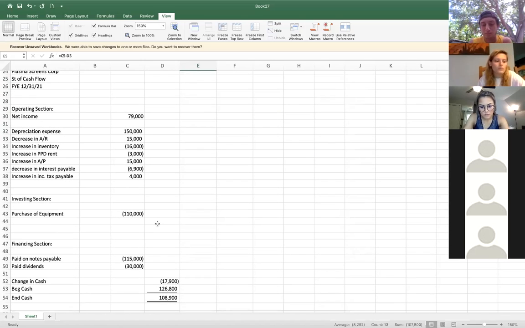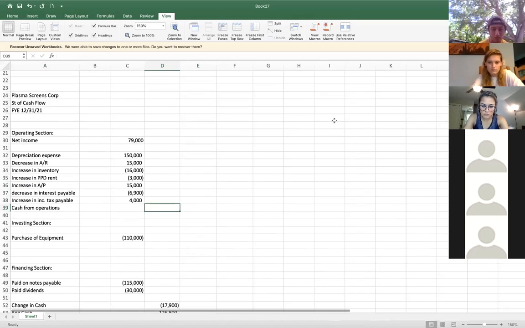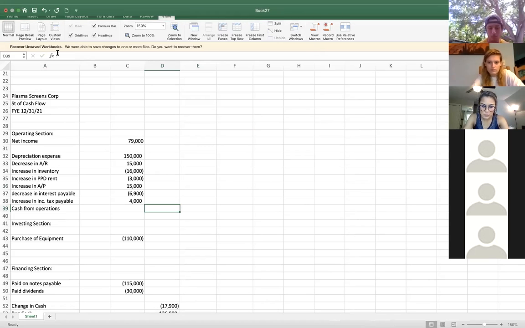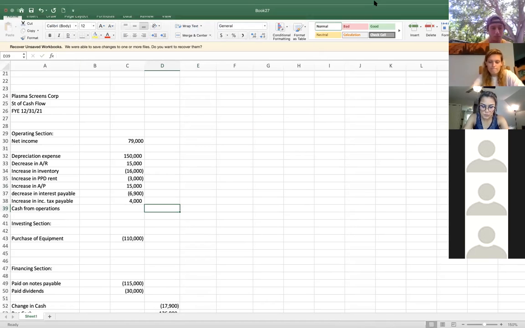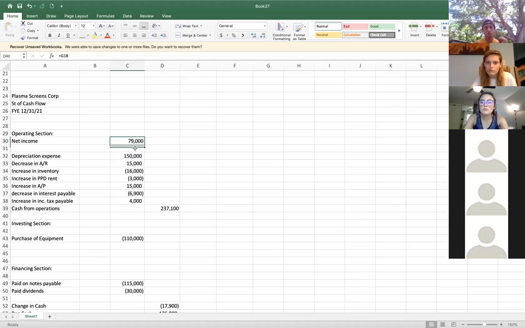So now let's see if my statement of cash flows balances. My operating section, cash from operations is 237,100. I just summed these up.